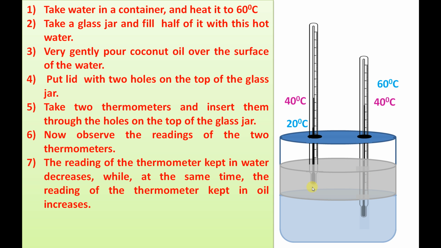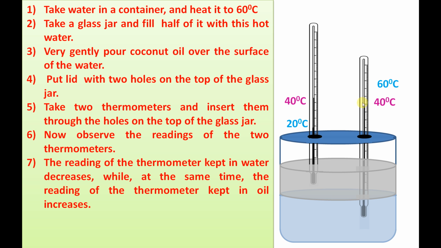That's why they attain the temperature of 40 degrees C. The reading of the thermometer in water decreases, while the reading of the thermometer in the oil increases. In the oil region the thermometer mercury level increases, and in the hot water it decreases.